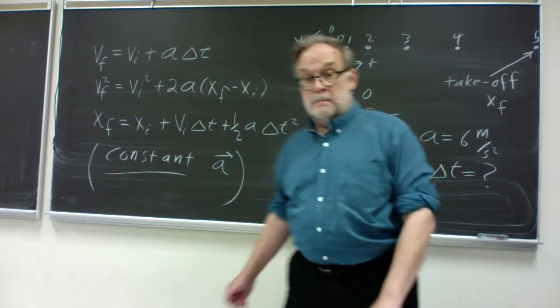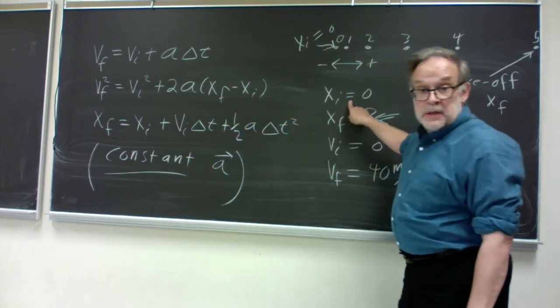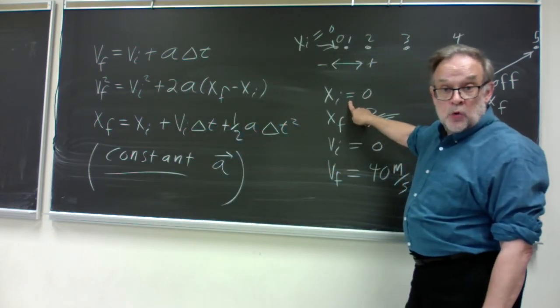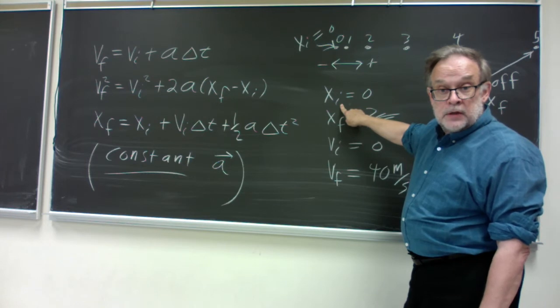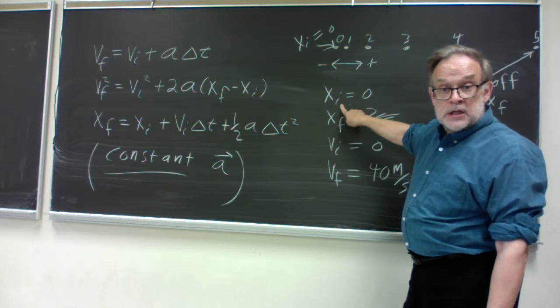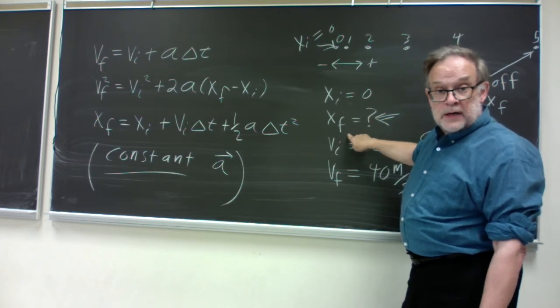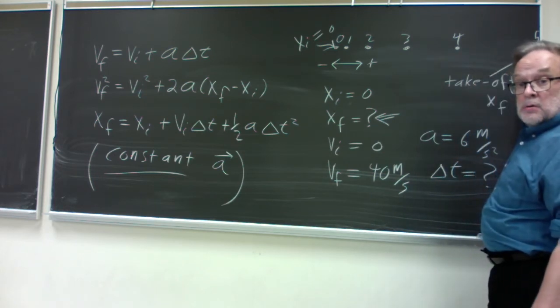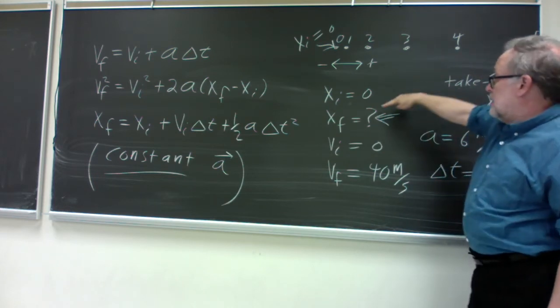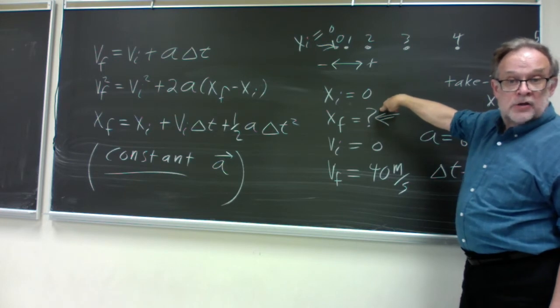So we know this because we set up the coordinate system that way. We put the initial location, the point where the accelerated motion starts, right at the origin of our coordinate system. And then the final location is this point right here. And that's really what we're trying to calculate.